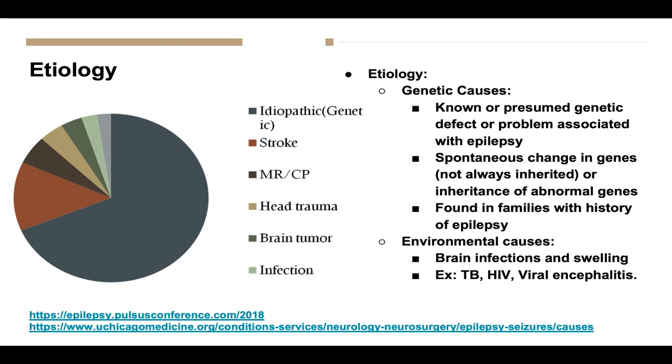It could also be found in families with a history of epilepsy. For environmental causes, I have listed brain infections and swelling, as well as tuberculosis, HIV, and viral encephalitis, which have been seen to cause swelling of the brain, leading to epilepsy.